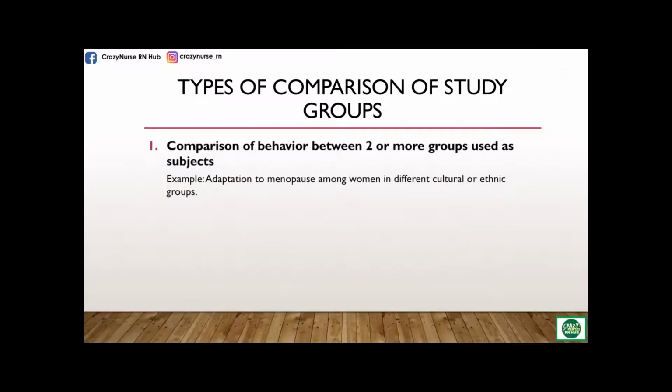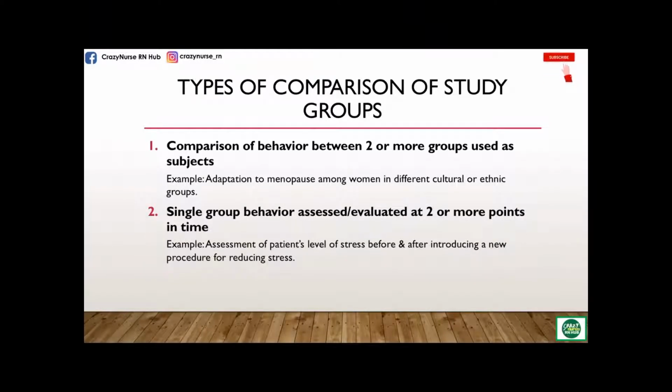First, we have comparison of behavior between two or more groups used as subjects. For example, adaptation to menopause among women in different cultural or ethnic groups. Another type of comparison is single group behavior assessed or evaluated at two or more points in time.